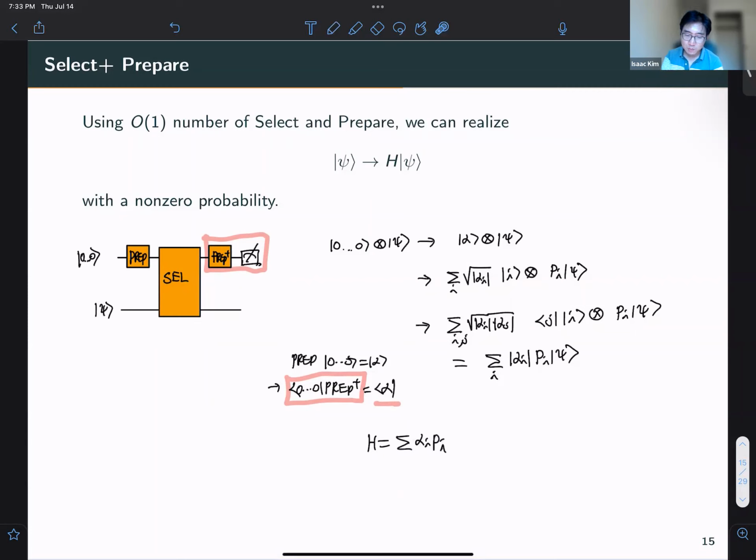Well, that's because P i's can be plus and minus Paulis. So if alpha i is negative, I can simply redefine that Pauli to be the negative version of that, thereby making alpha i's positive numbers. So in that case, if alpha i's are all non-negative, which is possible, this just becomes sum of alpha i P i psi, which is exactly equal to H applied to psi.